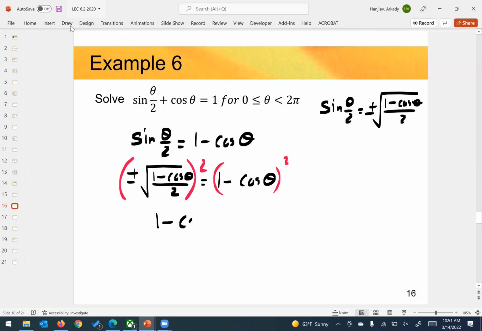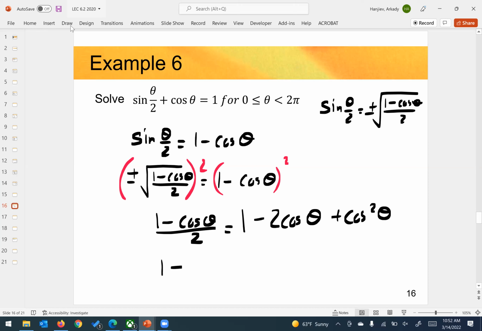So 1 minus cosine theta over 2. All right, 1 minus 2 cosine theta plus cosine squared theta. Let's see, multiply everything by 2, is that right? 2 minus 4 cosine theta plus 2 cosine squared theta, and then set equal to 0.